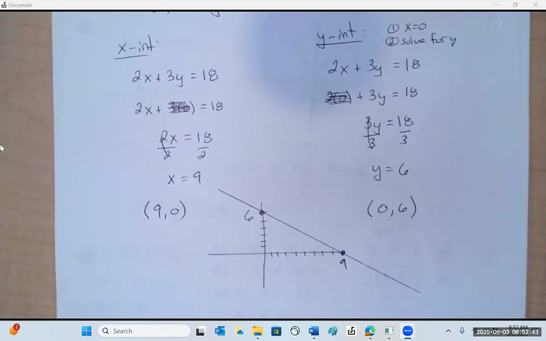So what can you tell me about the graph? It's a line. What's the slope?